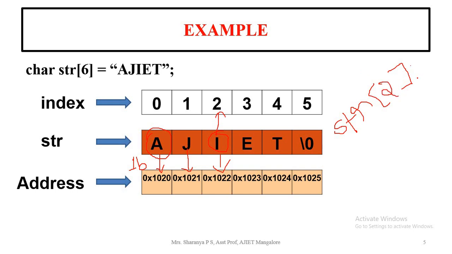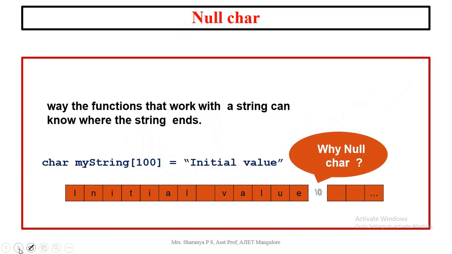This will be responsible for the value I, the character I. This is how strings are also related to arrays, but with one add-on feature: each string ends with \0 or the null character.